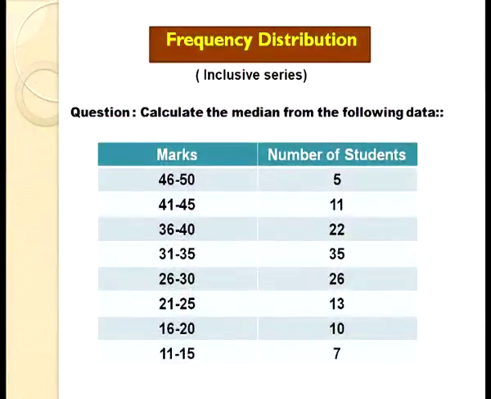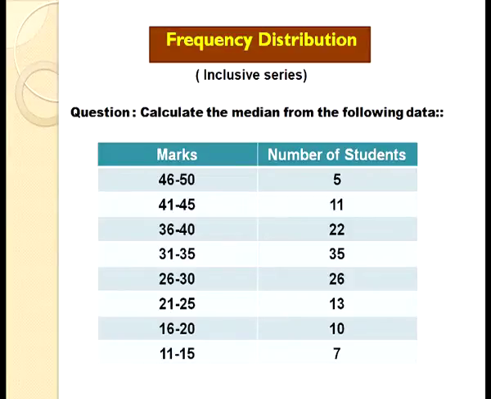We all know in frequency distribution there is inclusive series, there is unequal class interval series, there is cumulative series. So in such cases, how are we going to compute median? Students, we must convert all these different series into exclusive series. Once we have converted this into exclusive series, then we can easily compute median.